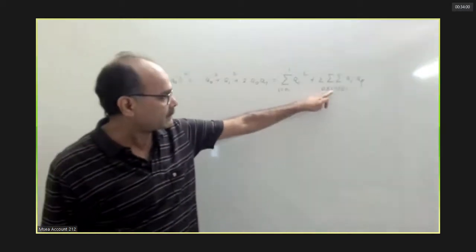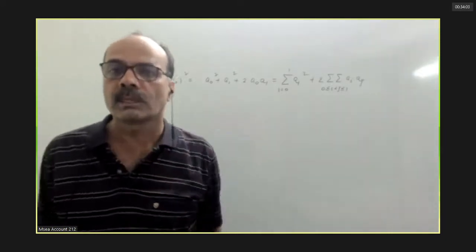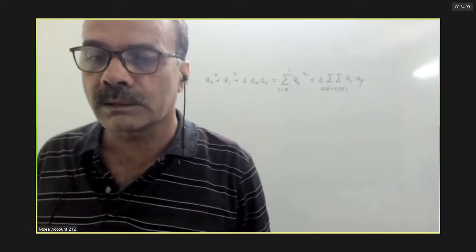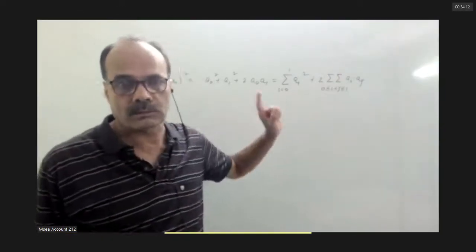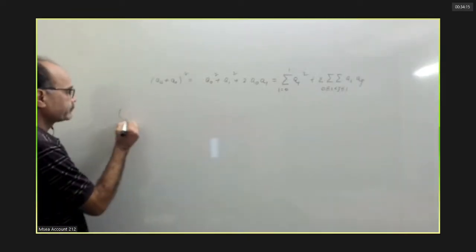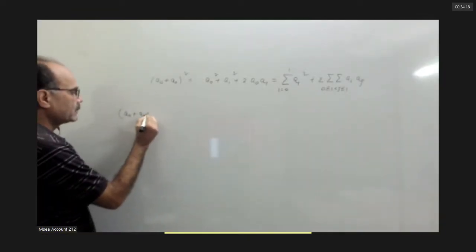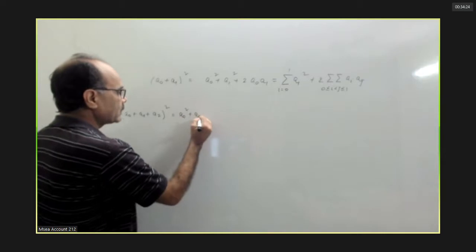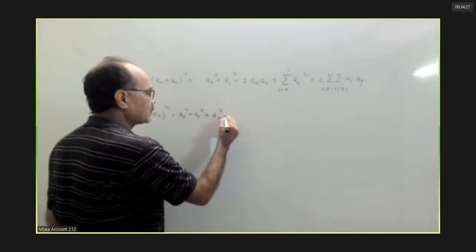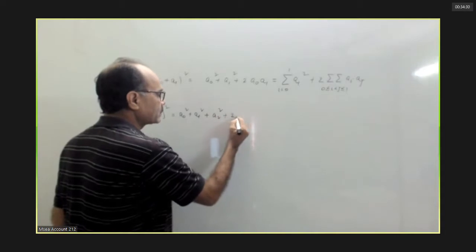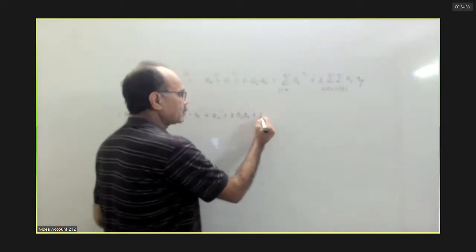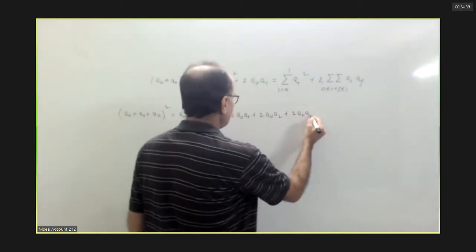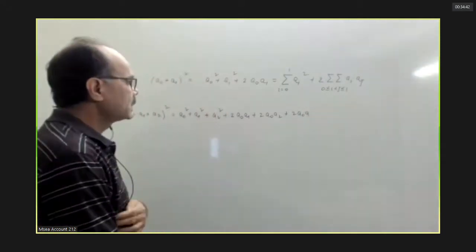Here, if you expand this double summation, you will get only one term. How many terms will we get in this double summation? One term. Suppose we have 3. a0 plus a1 plus a2 whole square equals a0 square plus a1 square plus a2 square plus twice of a0 a1, twice of a0 a2, plus twice of a1 a2.